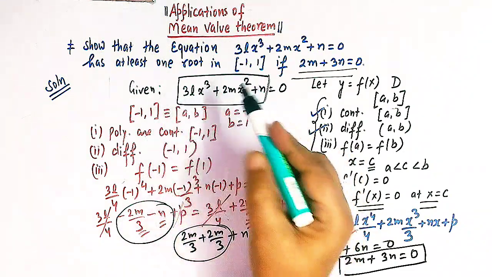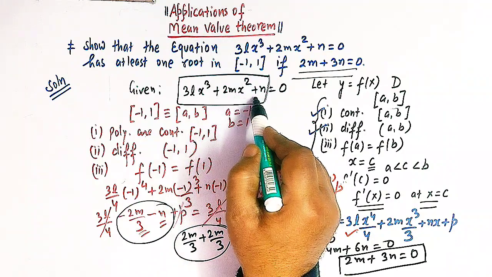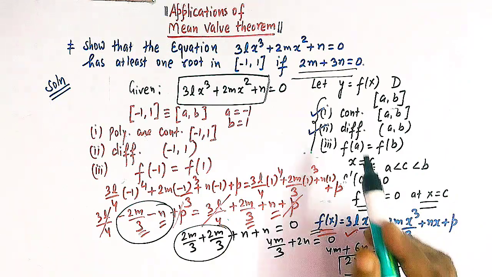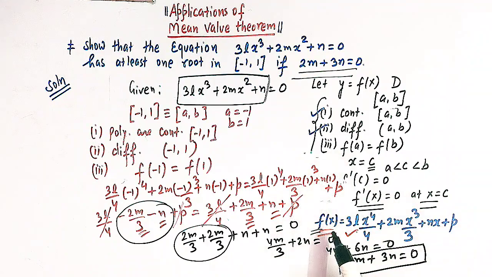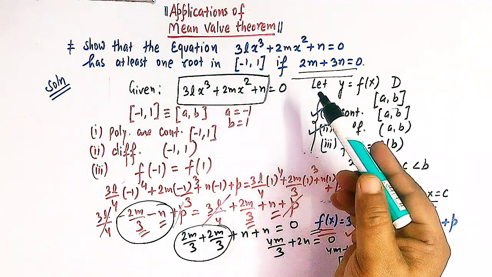So f prime of x may be taken as 3l x cube plus 2m x square plus n, and then we can integrate the equation, and we can get the function f of x, and then we can apply the conditions of Rolle's theorem to this function f of x, and we can obtain the condition which is required.